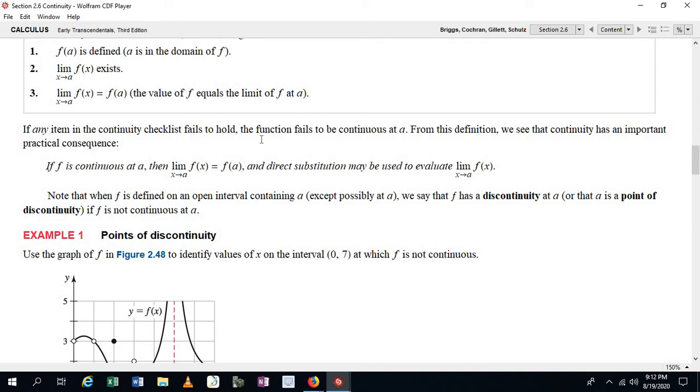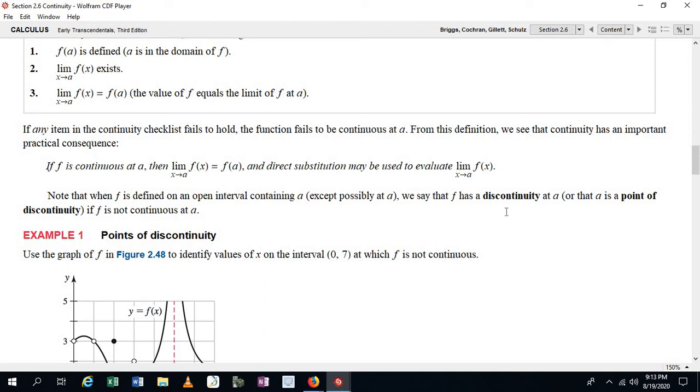To use direct substitution to evaluate a limit, you really just need f to be continuous at a, where a is the number that x is approaching in the limit.